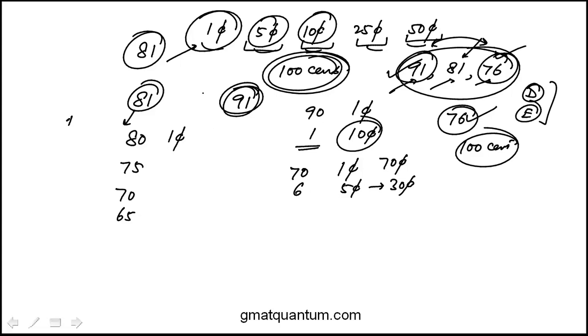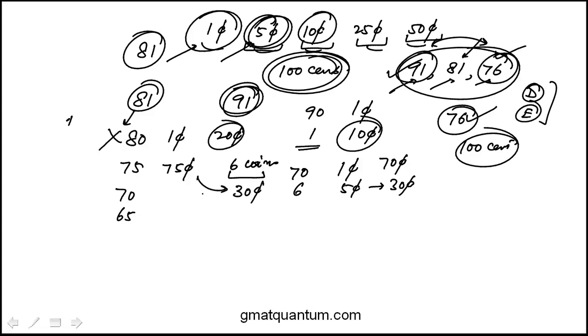So if you have 81 cent coins, then I have 20 cents left, but since there are no 20 cent coins, this is not going to give me a solution. And then next is with 75. So that's 75 cents. I have 6 coins left, and now the lowest value of a coin is 5 cents. So if these were all 5 cents, that would be 30 cents.